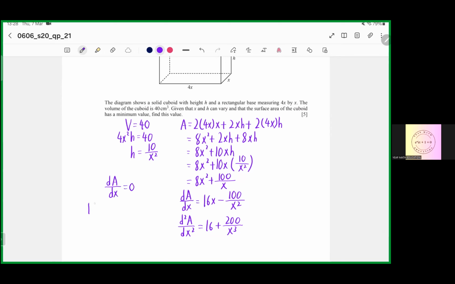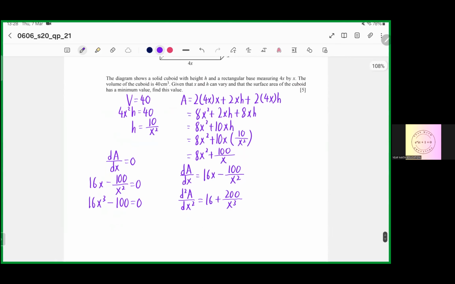So we take 16x minus 100 over x squared equals 0. So we take 16x cubed minus 100 equals 0. So x cubed equals 6.25, x equals 1.84 cm.